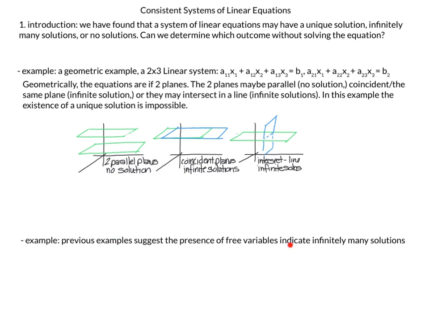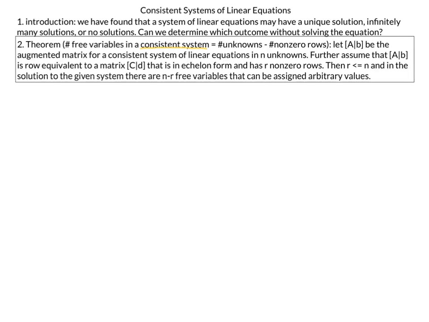We're going to look at this example again, but first we're going to formalize a few things. We will start with this theorem. The number of free variables in a consistent system, so you should note that this does assume a consistent system, equals the number of unknowns minus the number of non-zero rows.